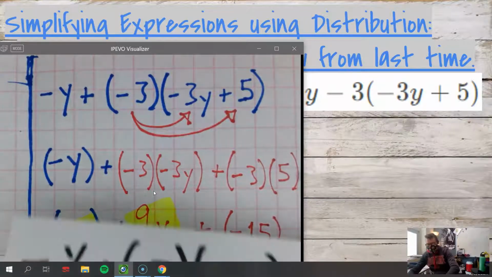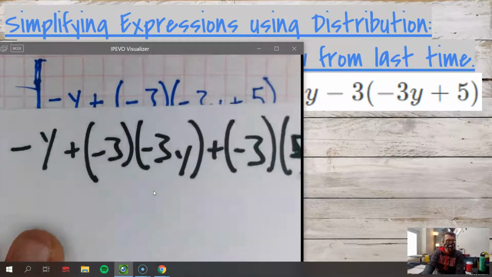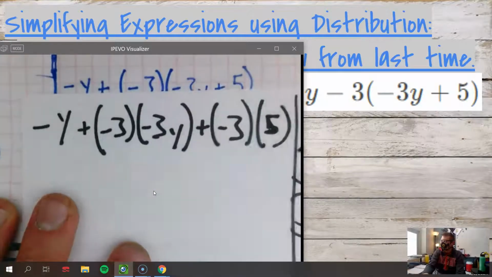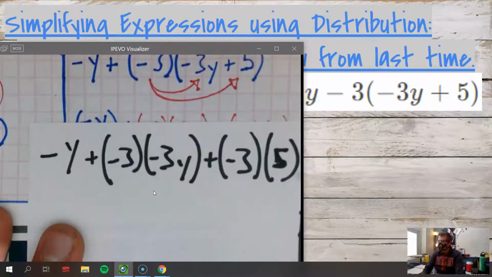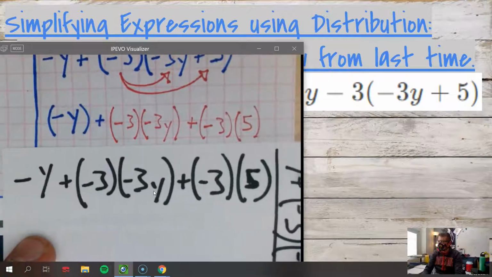Is that any easier to see? So that's what happens, like taking away the color coding, or really just copying it.